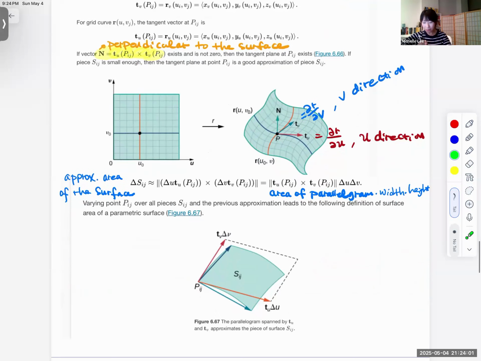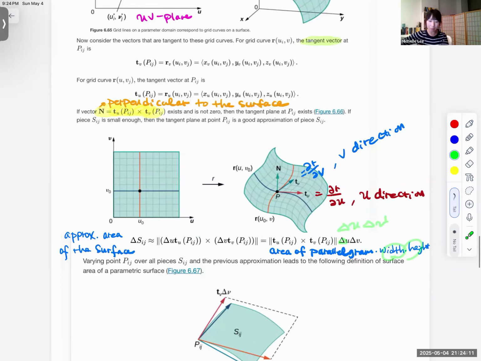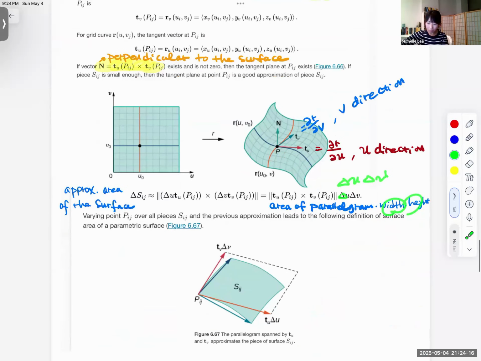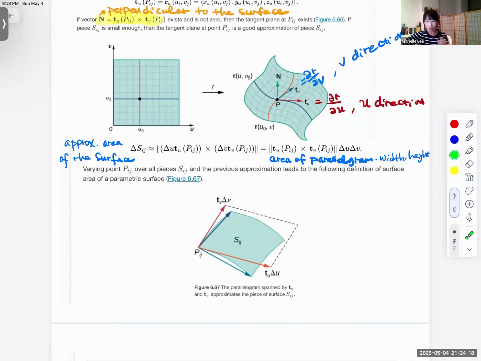So here we go. Then we multiply by the width and height. The delta u, delta v is the width and height of that rectangle. Okay. So we can derive the formula.